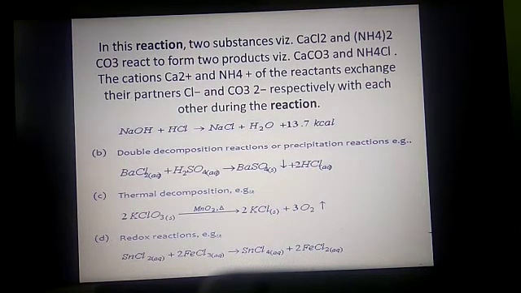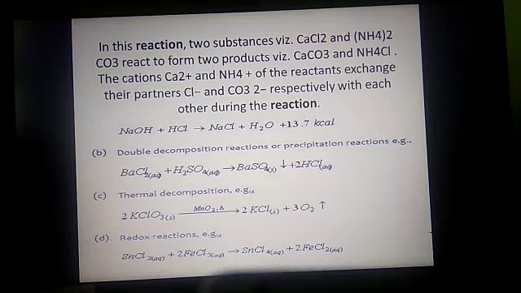For other examples, two substances, calcium chloride and ammonium carbonate, react to form two products, calcium carbonate and ammonium chloride. That means the cations Ca2+ and ammonium NH4+ of the reactants exchange their partners, chloride and carbonate, with each other during the reaction.